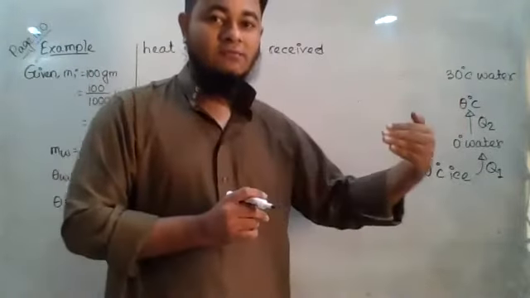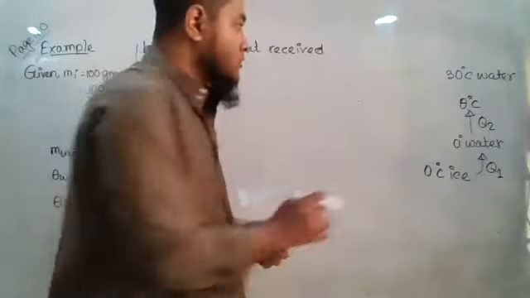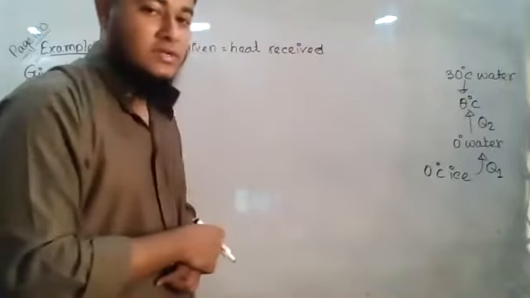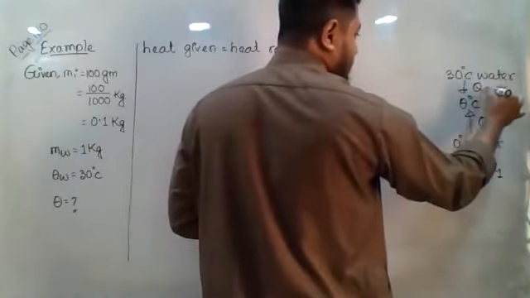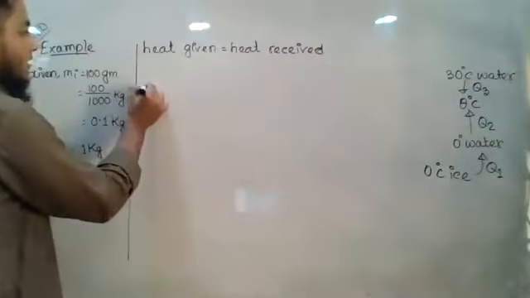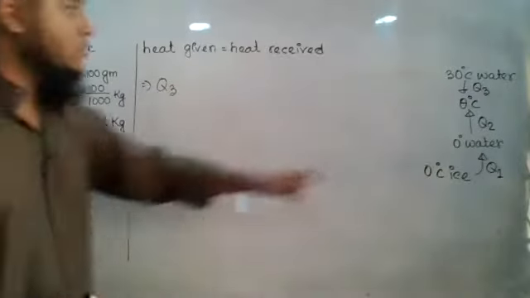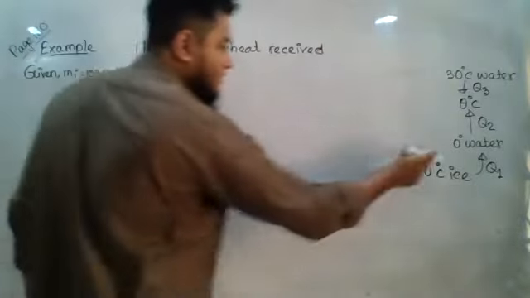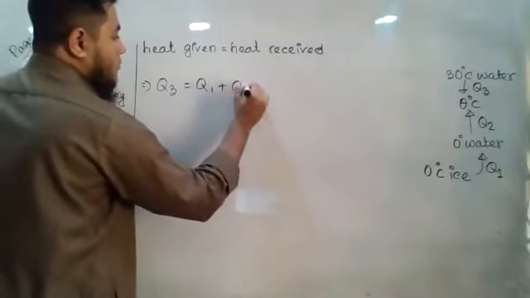And as it is giving up the heat, the temperature of water will come down. The temperature of the water will drop to theta degrees Celsius from 30 degrees Celsius. Let us say the heat given is Q3. So here heat is being given in one step only, that is Q3. And the heat receiving is taking place in two steps, that is Q1 and Q2.